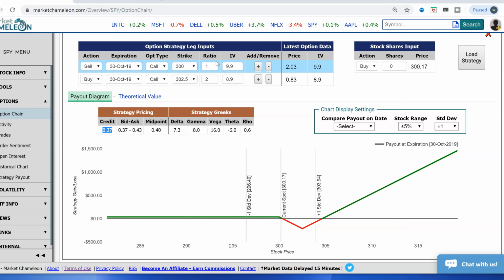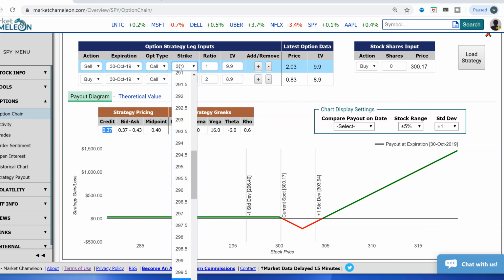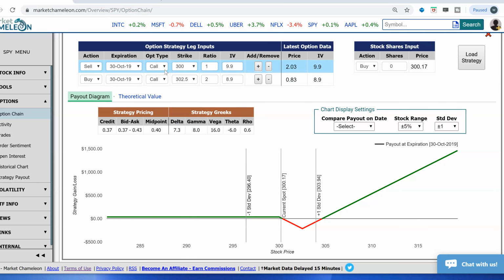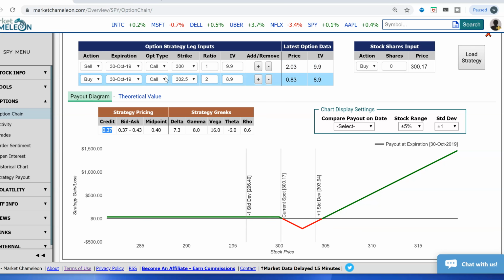As long as the stock expires below the lower strike of 300 that we set over here, the at the money strike, then you just collect that 37 cents. So that's your outlook to the downside. Of course, if it drifts lower a little bit, right to the long strike, that's your max loss if it drifts right to the long strike and stops.